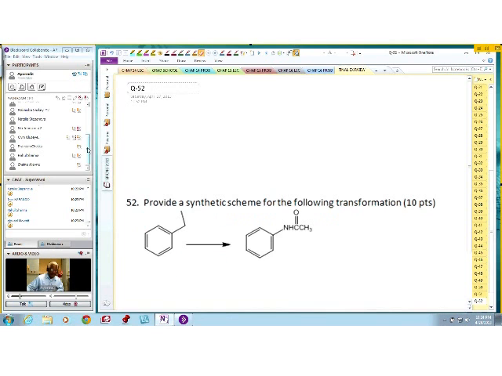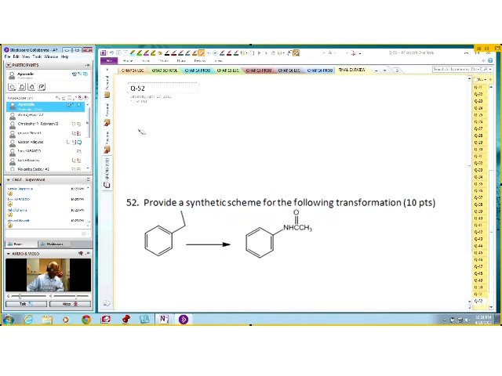Okay, let us see here. Natalia, go ahead and read this for us. Number 52. Provide a synthetic scheme for the following transformation. Okay, thank you, very good. And what is that transformation?